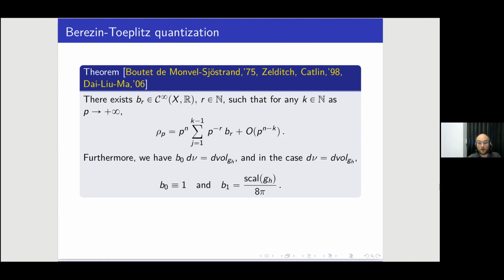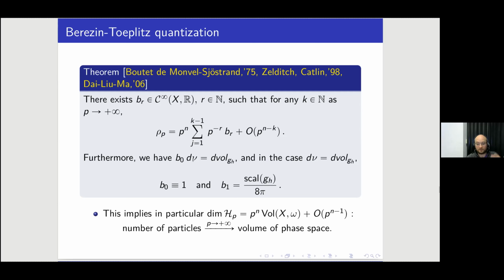Furthermore, the first coefficient is a function which simply gives you the ratio between d nu and the symplectic Liouville volume of the manifold. In particular, in the case when B0 equals 1, so d nu is the Liouville volume form, we also have a formula for the next coefficient, which is given by the scalar curvature of the associated Kähler metric, right?